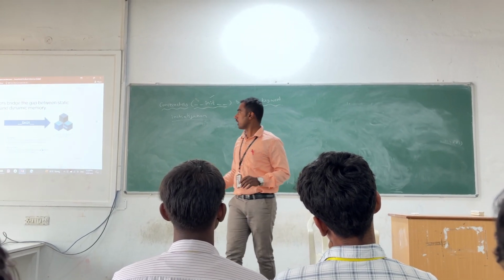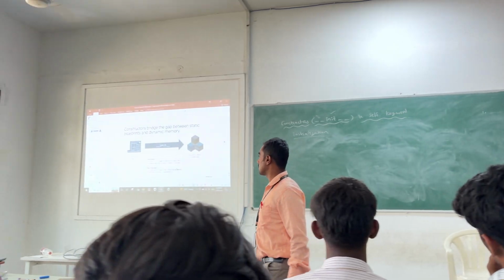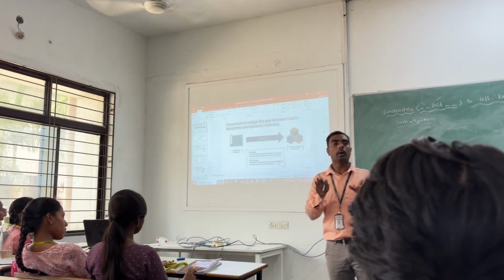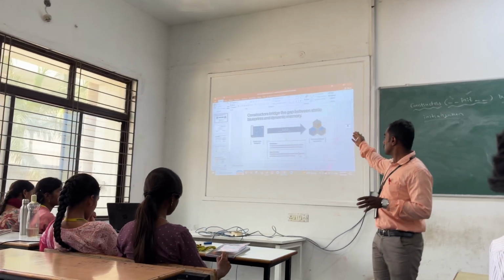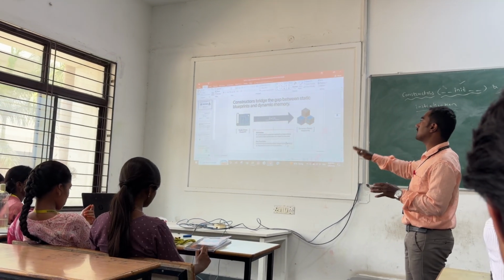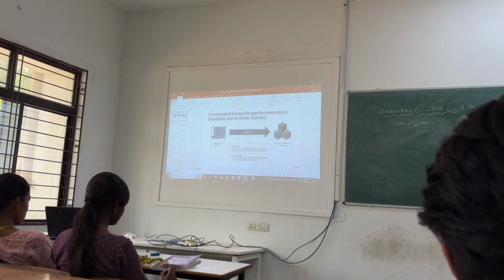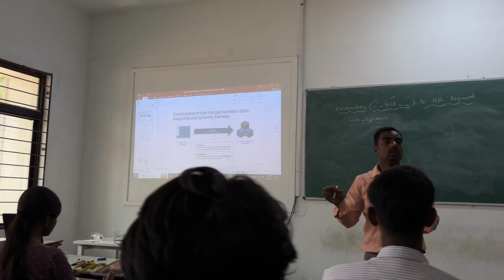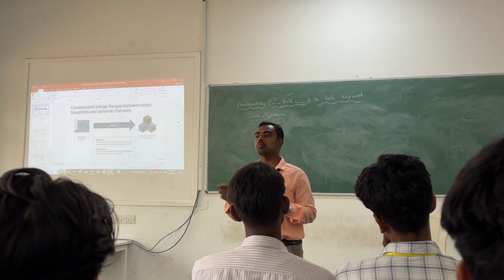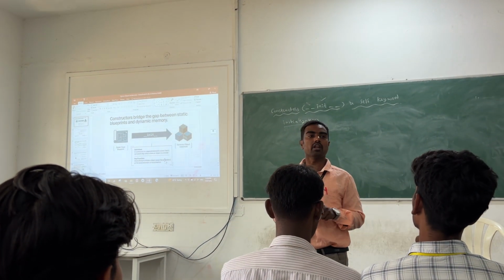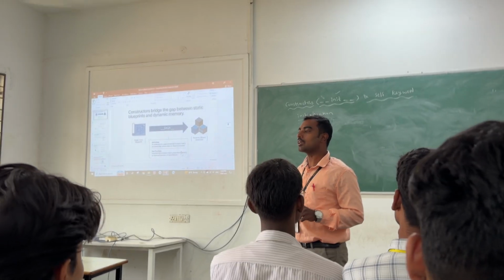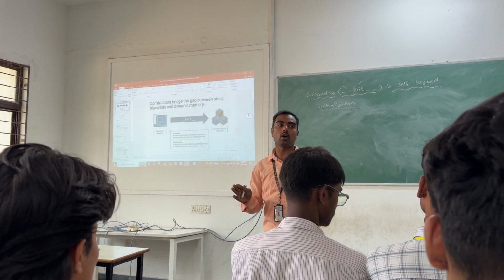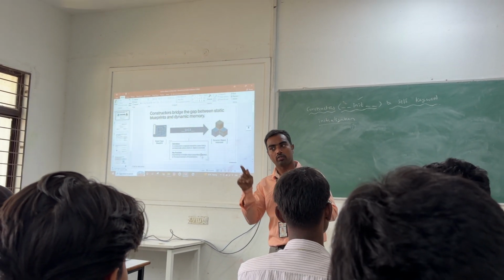Once you see the screen, it bridges the gap between static blueprints and dynamic memory. A class is like a blueprint; it doesn't have any memory. Objects have the memory, and objects have the variables.